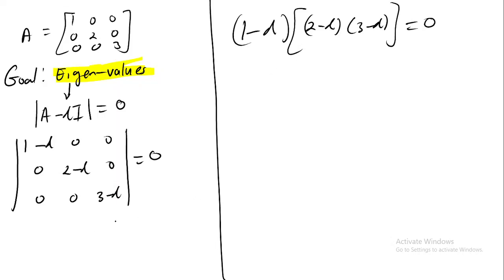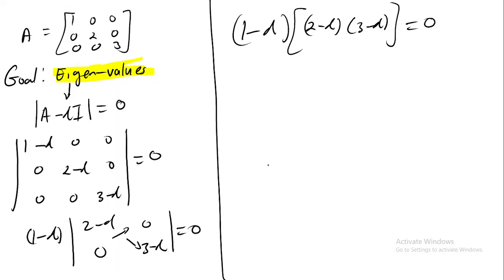Well, I know some people would have just said 1 minus lambda, 2 minus lambda, 0, 0, 3 minus lambda, which is equal to 0. You're still right, and then you cross multiply. From this point, I don't see any reason why it should be expanded, because already you have your factors.